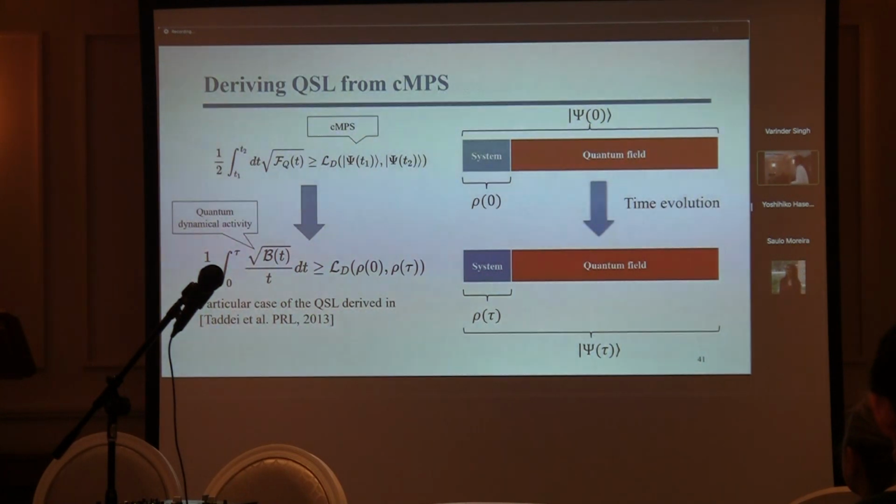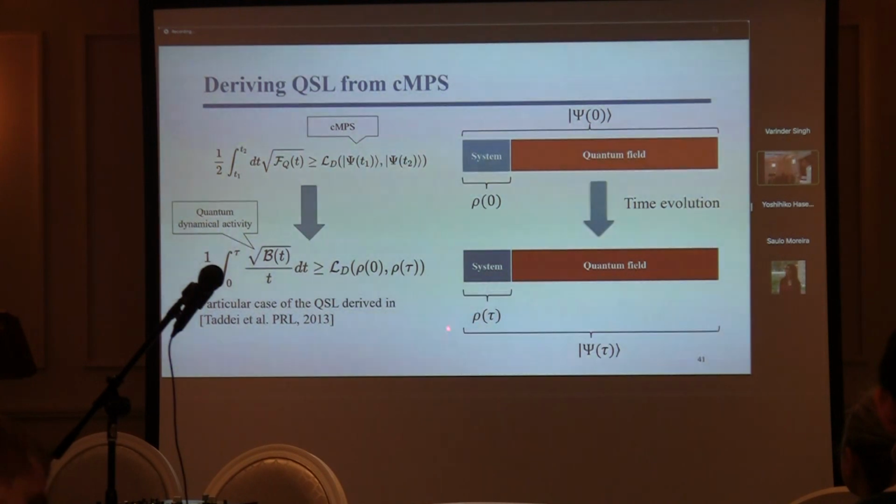So first, derive the QSL from the time evolution of the CMPS. So we have this CMPS state. And when we substitute the CMPS state into the geometric QSL, we find this representation holds. And because in the QSL, we are only interested in the time evolution of the system state, we are only interested in this part.